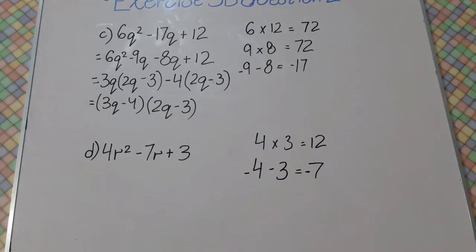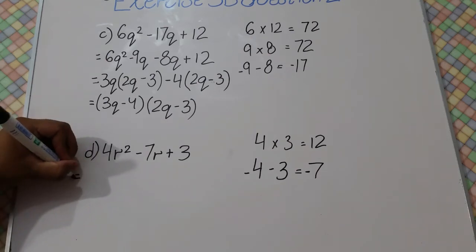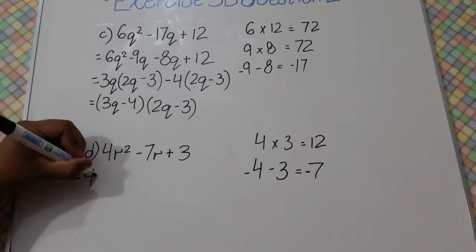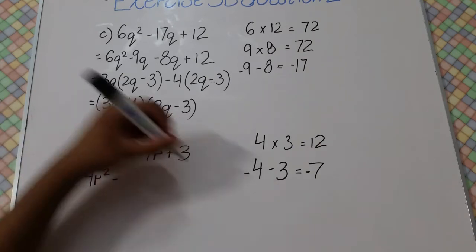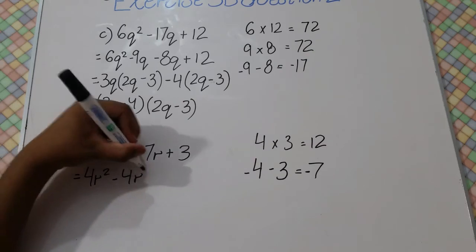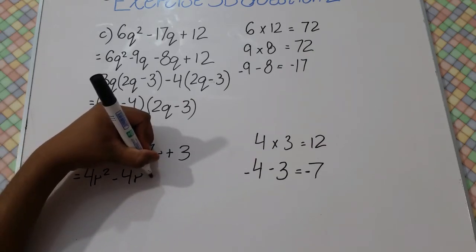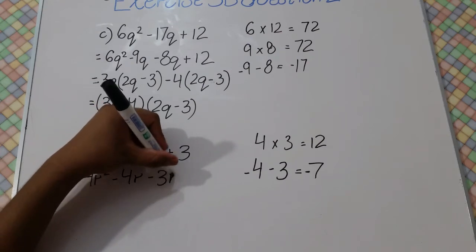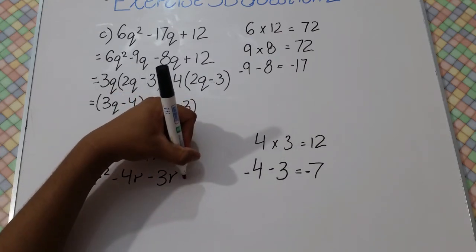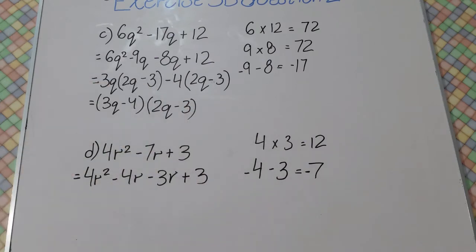So I think that's the perfect thing that we need to write. Okay, so 4r square minus 4r minus 3r, and then plus 3.